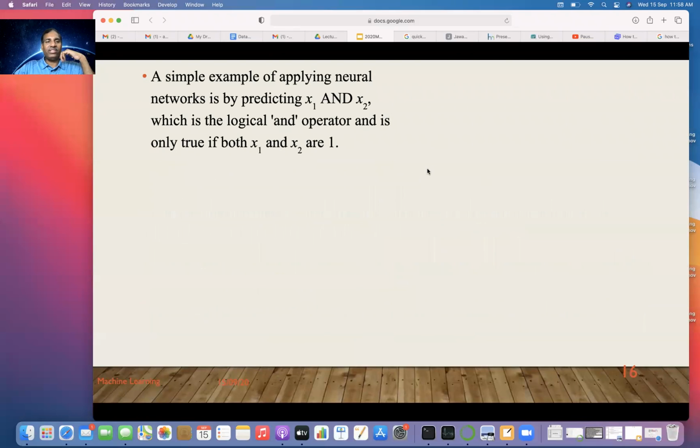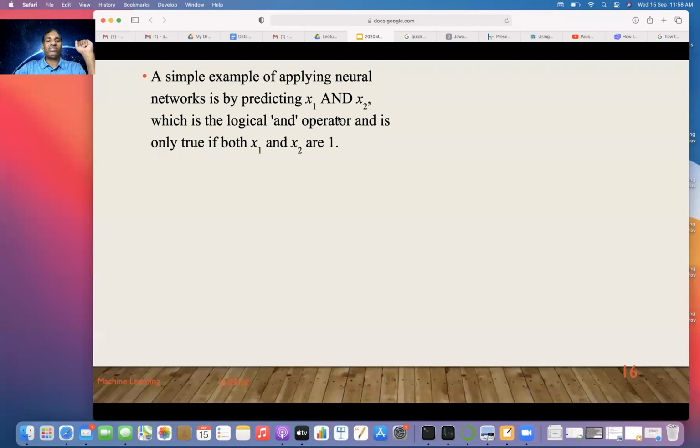A simple example of applying neural networks is predicting x1 AND x2, which is the logical AND operator and is only true if both x1 and x2 are 1. So we take one example and see how we build a network for a known problem.